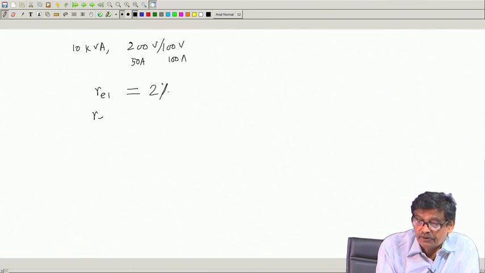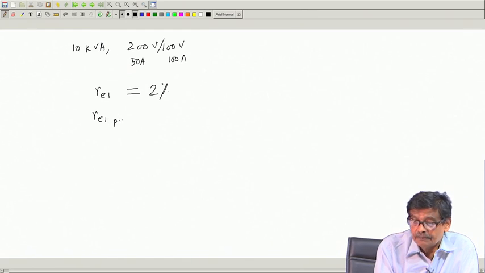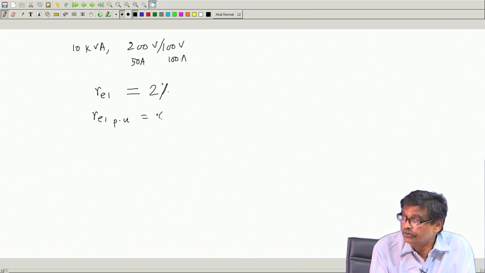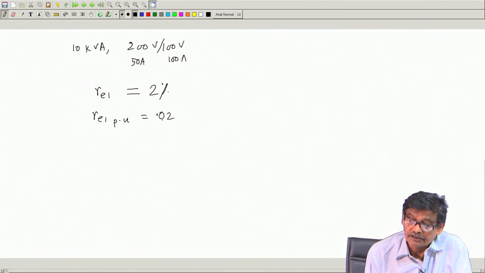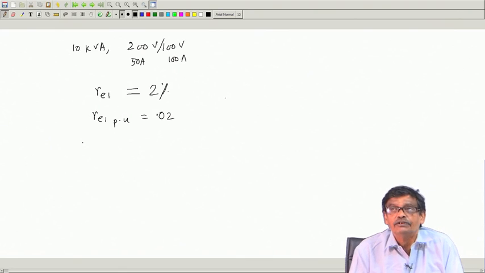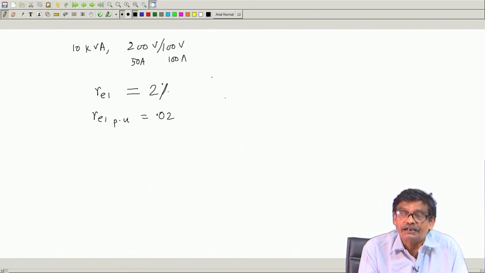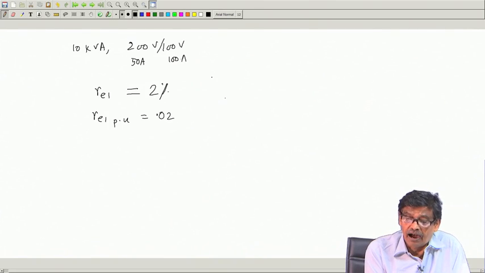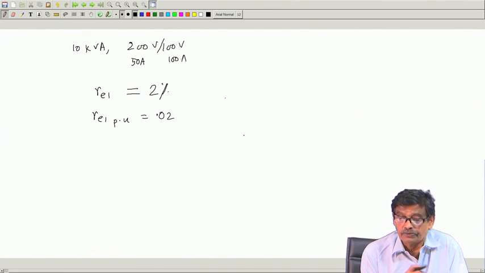So, R e 1 per unit is 0.02. If the R e 1 value is not explicitly given in ohm but in per unit values, then R e 1 per unit is 0.02.